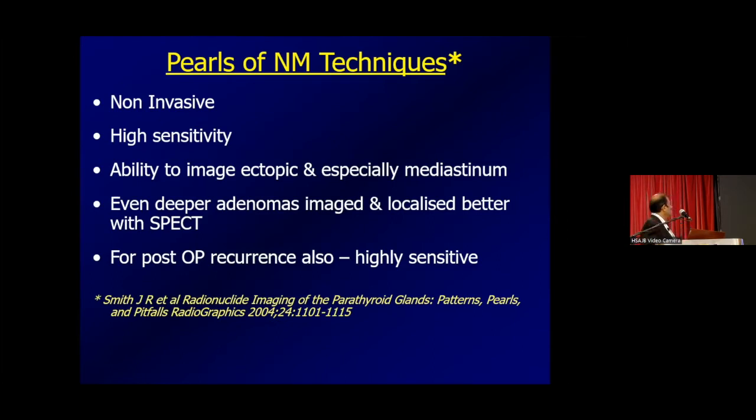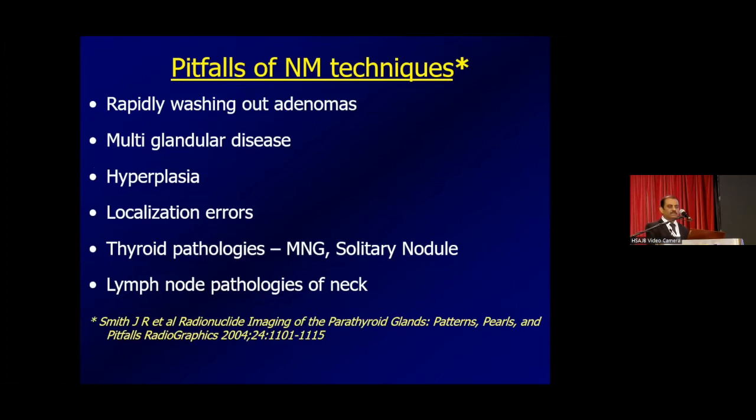So we also have some pitfalls. What are the pitfalls? The technetium sestamibi scan can be falsely negative in rapidly washing out adenomas. It can be negative in some of the multiglandular disease. It has a lower sensitivity in hyperplasias.